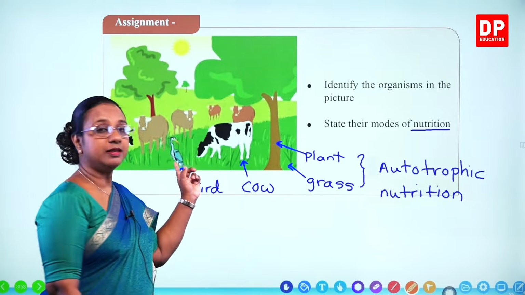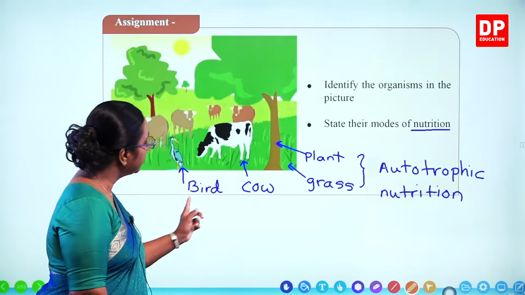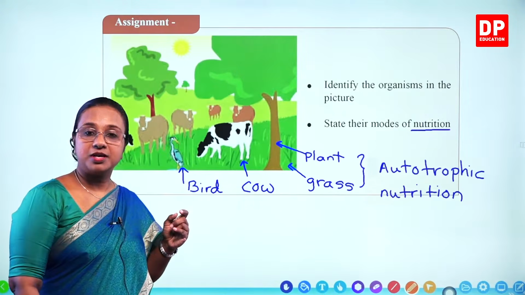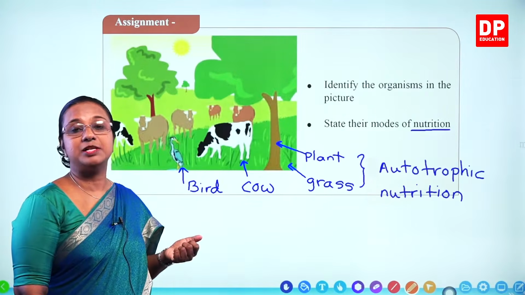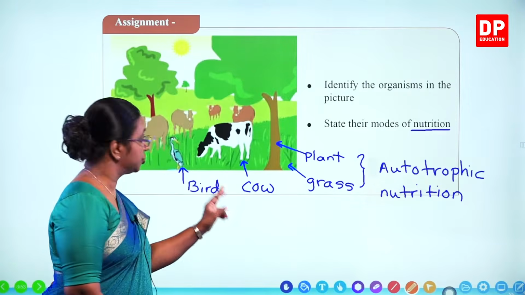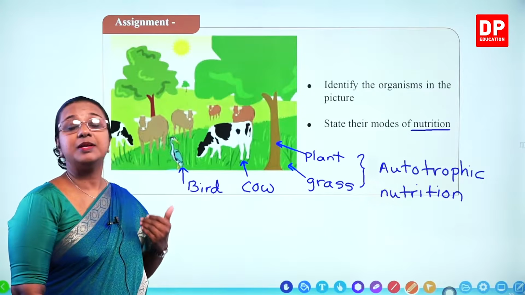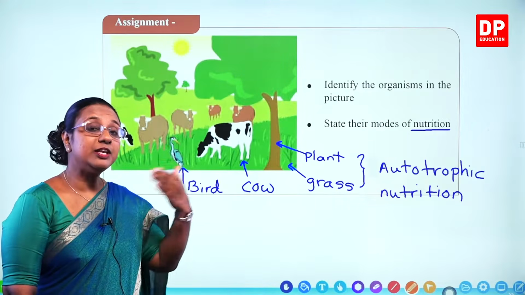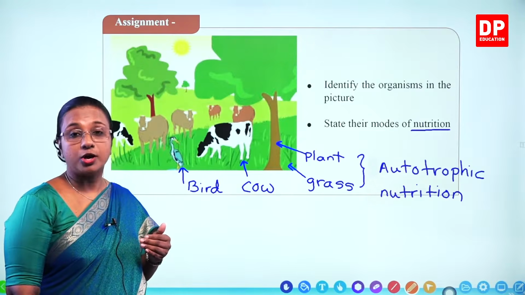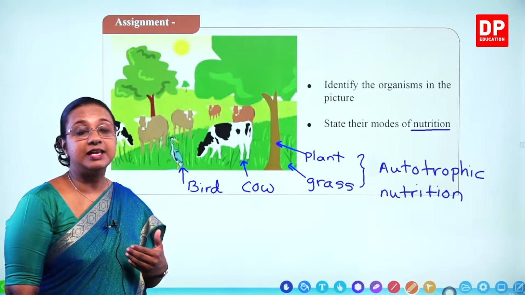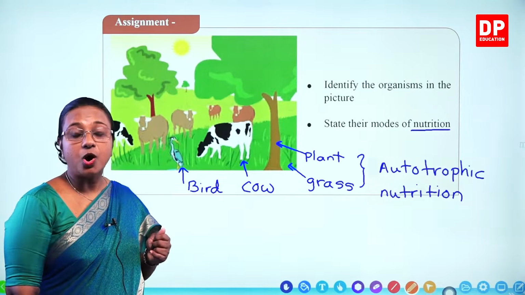Then if we take the animals, bird and the cow, and there can be other microorganisms which are not visible to our naked eye as well. So these two, they can't produce their own food. So what do they do? They feed on other living organisms. So they obtain their food and energy from other organisms.